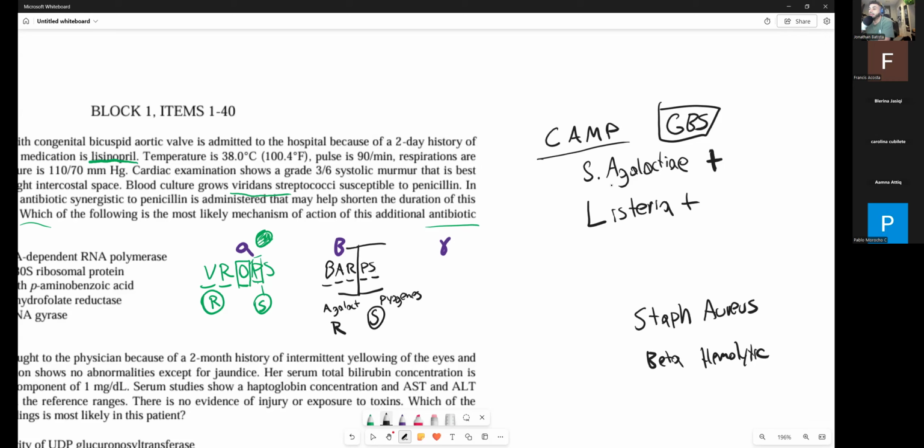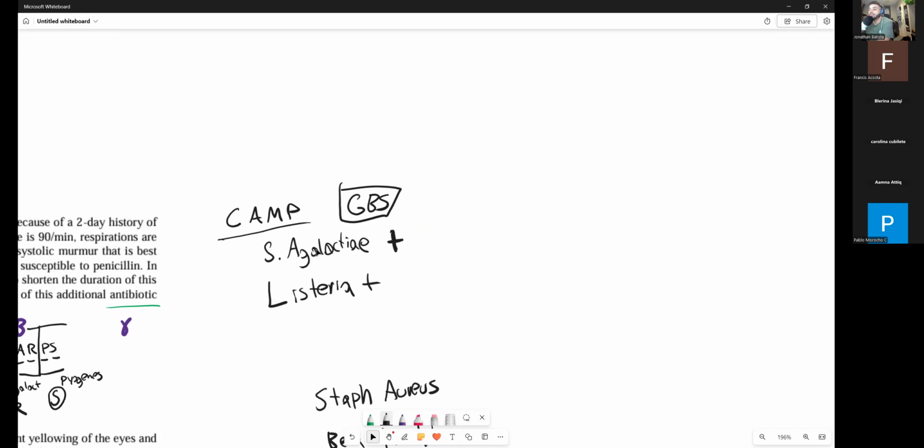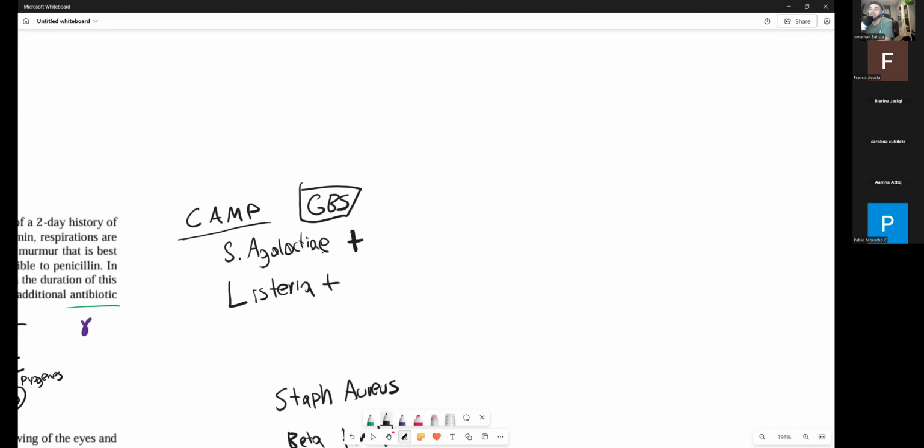All right. Listeria has a very interesting type of toxin. It has a very interesting way of avoiding our phagocytosis. It has a toxin that's called listeriolysin O toxin. This toxin allows it to escape phagocytosis.